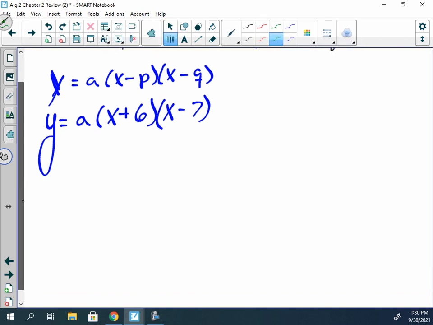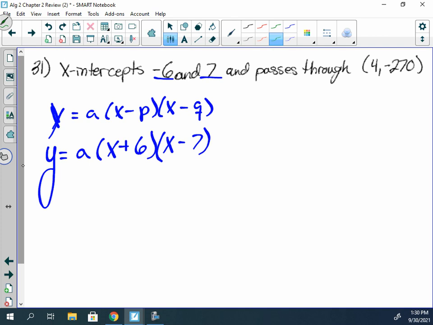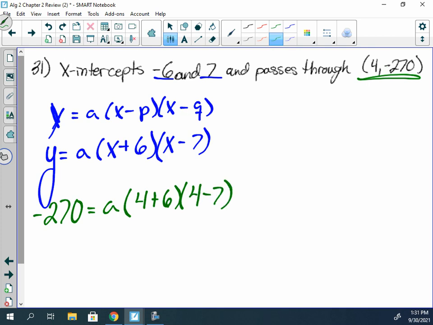Well, just like the last problem, we're going to plug in our point to find the value of a. So we're saying that -270 is equal to a times (4 plus 6) times (4 minus 7).